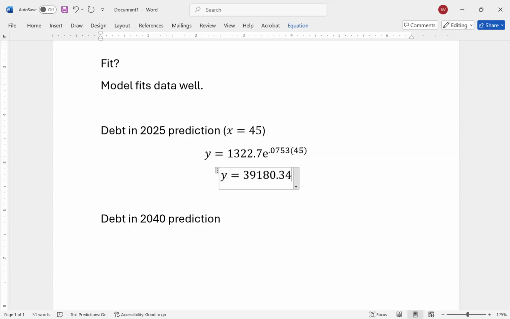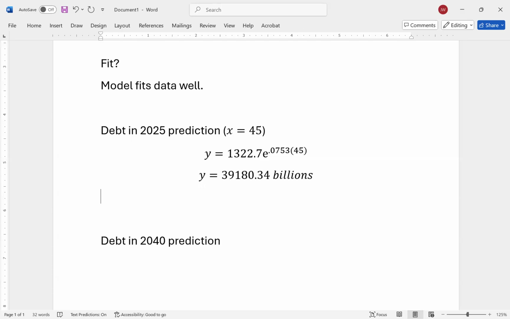Now, remember, this is debt in billions of dollars. And so that is in billions. If you wanted to put this into trillions, what it would be is 39.18034 trillion dollars, that is.